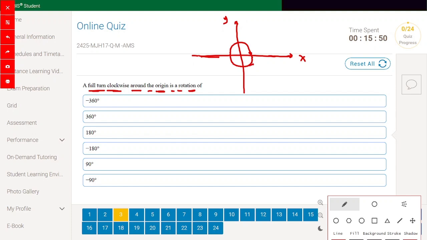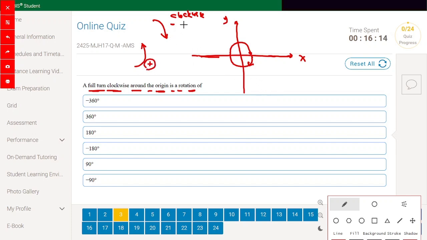So this is the full rotation. As we know, the angle clockwise will be minus an angle. This is clockwise. And anti-clockwise or counterclockwise, the angle will be positive.